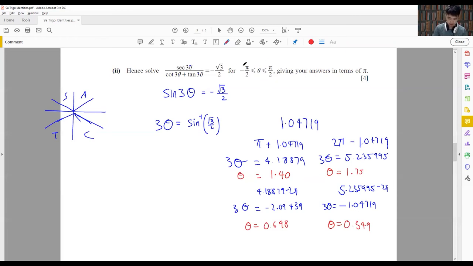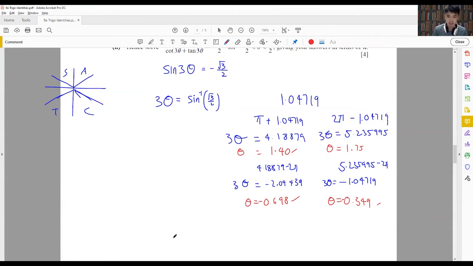Now, to check if all four of these will fall in this range, what we want to do is change these two values into decimals. This is negative 1.57 and this will be positive 1.57. As you can see, these three answers here fall in the range of negative 1.57 and 1.57. This does not.